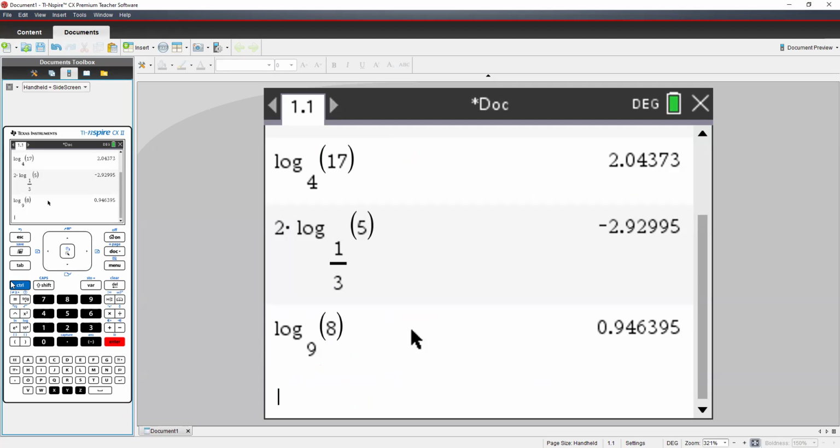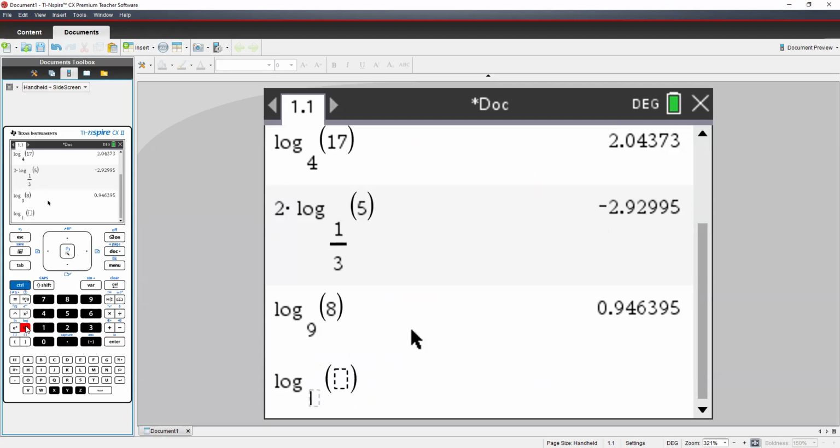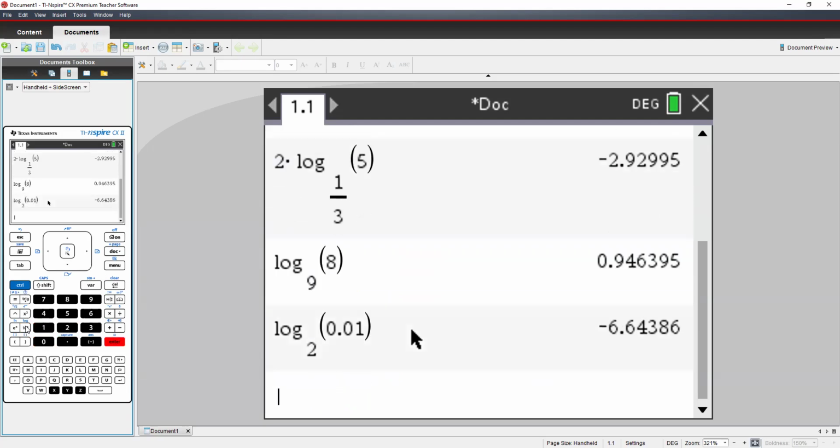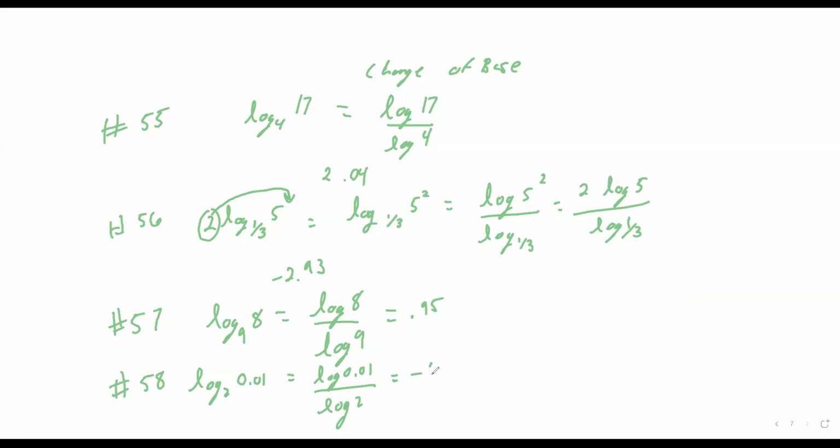So if I do this again, this is just control log 2 and then 0.01, and it gives me negative 6.64. All right, so hopefully that's enough for you to understand how to plug it in and to evaluate.